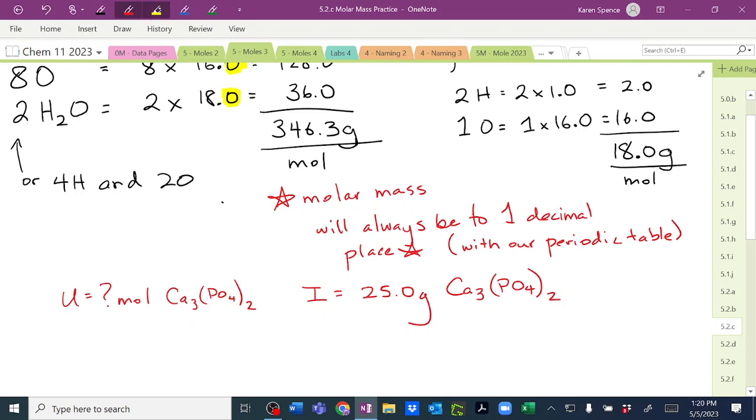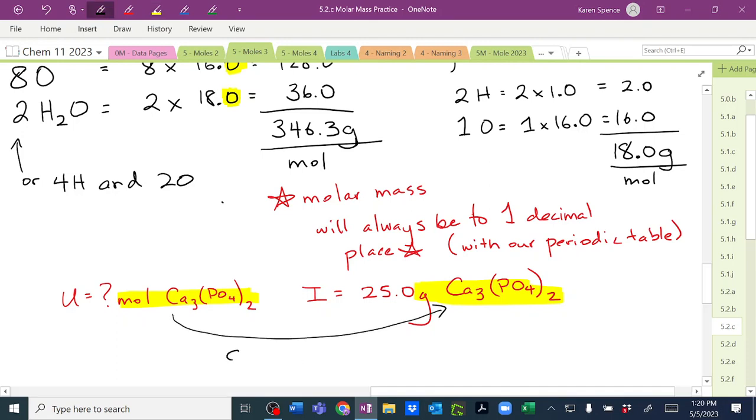Am I able to convert moles of calcium phosphate into grams of calcium phosphate? Do we have a conversion factor between moles and grams? Yes, molar mass. The conversion factor is the molar mass, which is, of course, grams per mole.